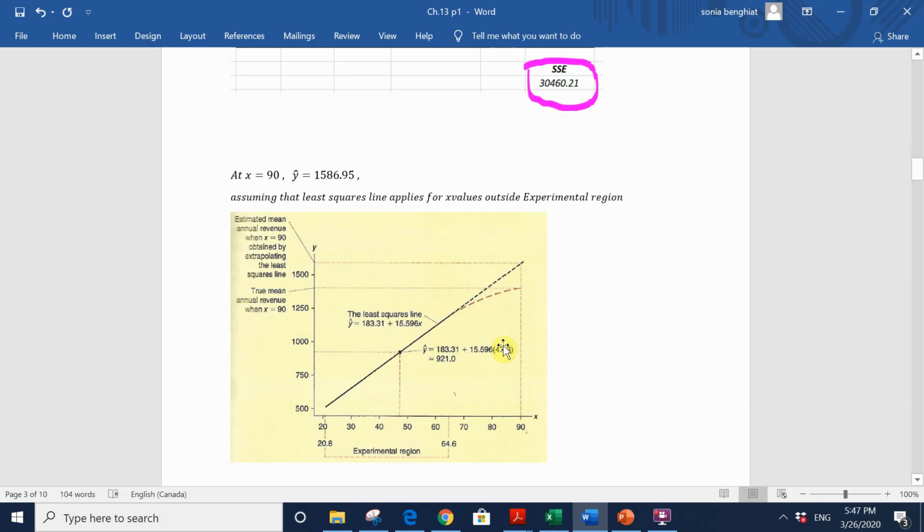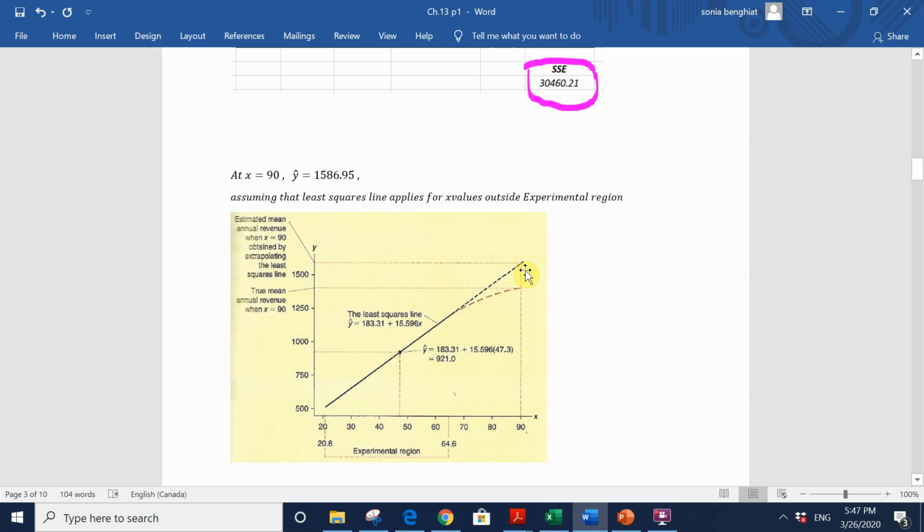Well, that's a tricky question because the moment you leave the experimental region, there is some uncertainty as to whether or not this line of means is extended. Does it continue to follow the same direction with the same slope? That's a tricky question, and so there's some uncertainty over here.